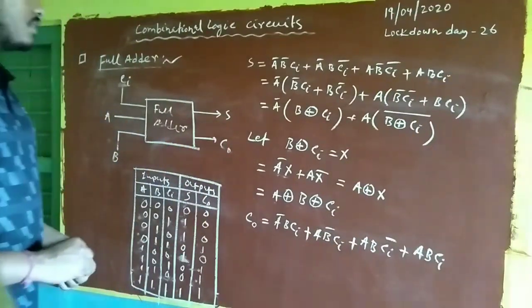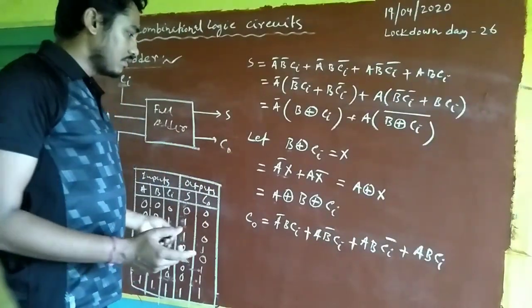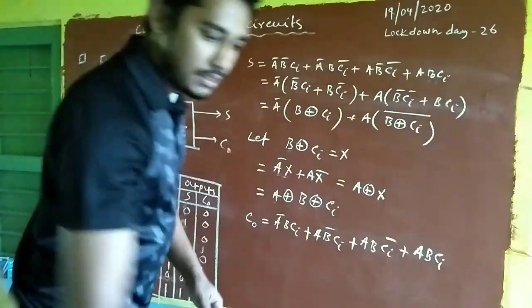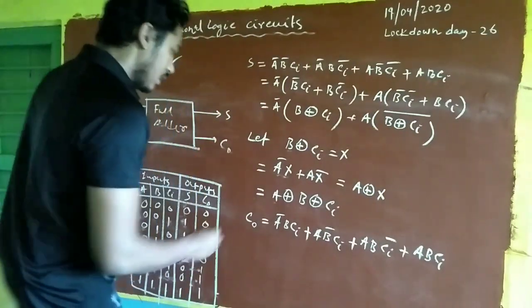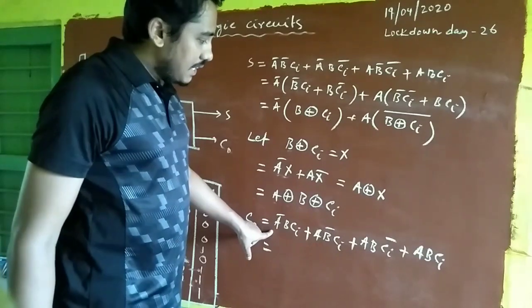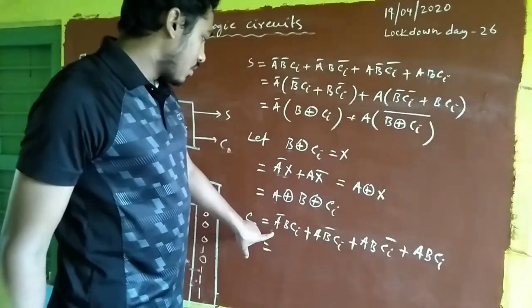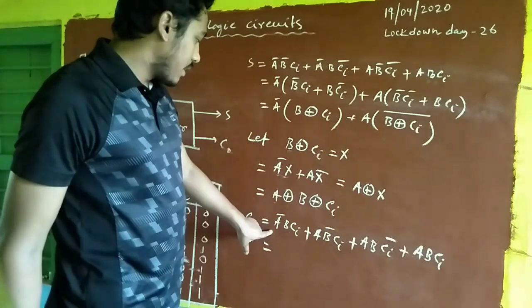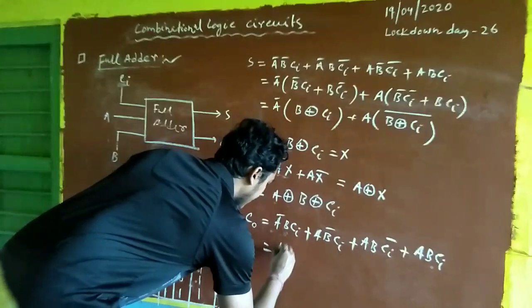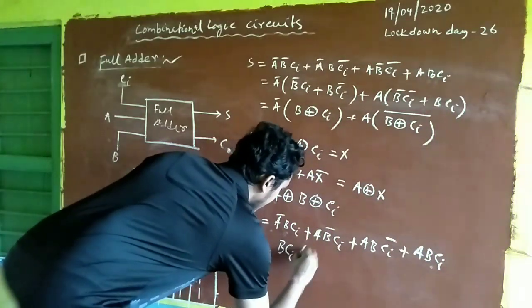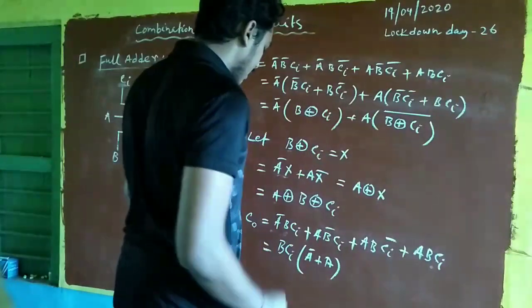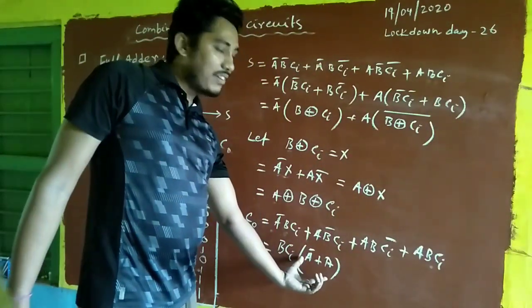Okay. Now we need to simplify this expression either using Boolean algebra or using the K-map method. Both methods we will check here. Now see this expression, how to simplify it using Boolean algebra and De Morgan's theorem. If we take common B Ci from the first and last term, we will get A bar plus A. We know A plus A bar is 1.